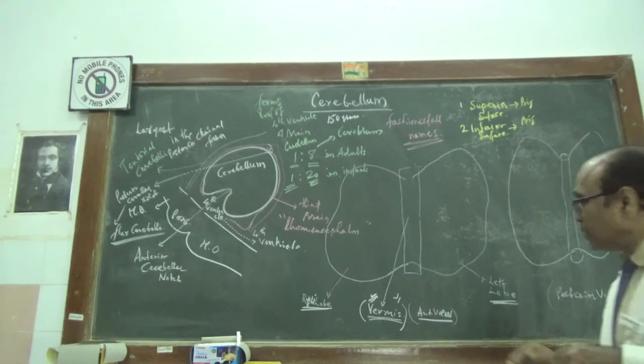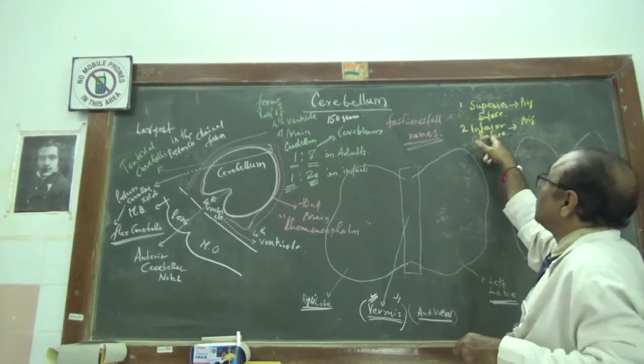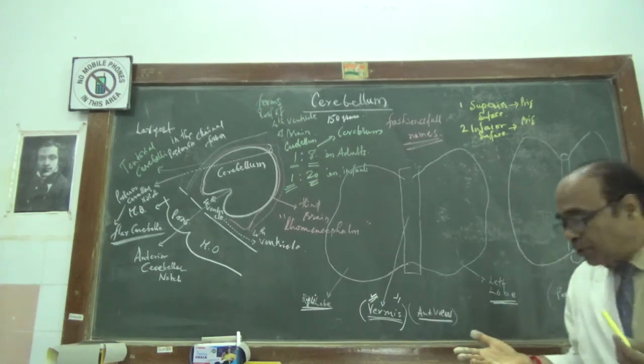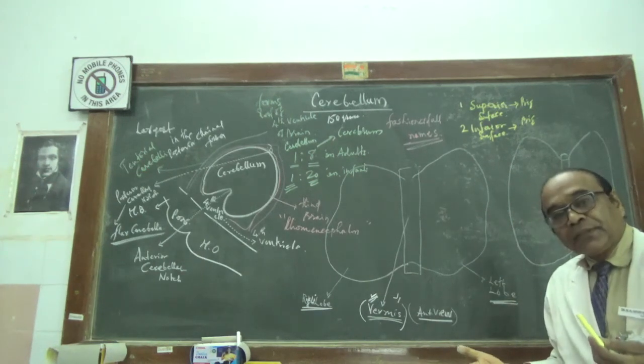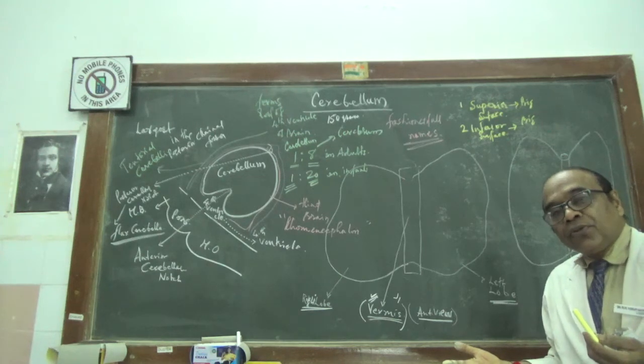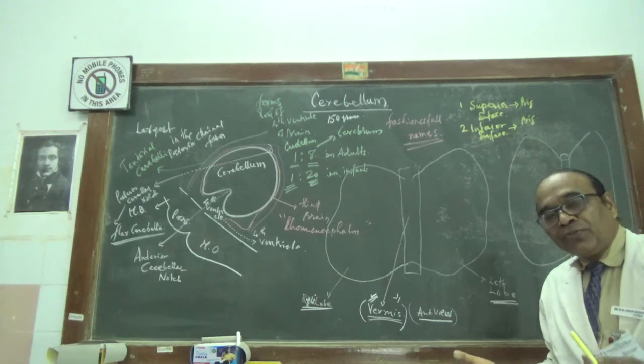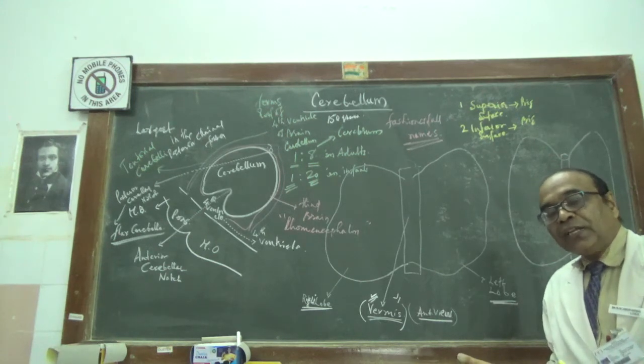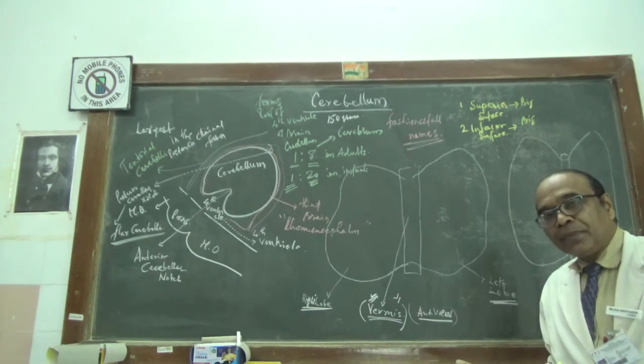In the same pattern, the inferior surface, which is big, is completely in relation to the fossa for the cerebellum to lodge in the posterior cranial fossa.